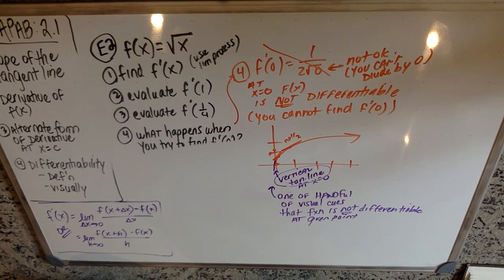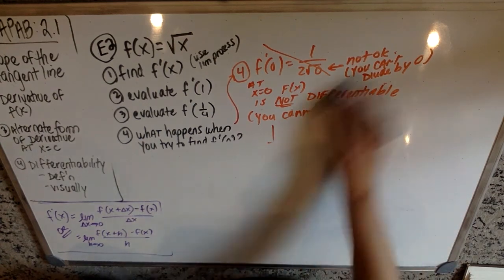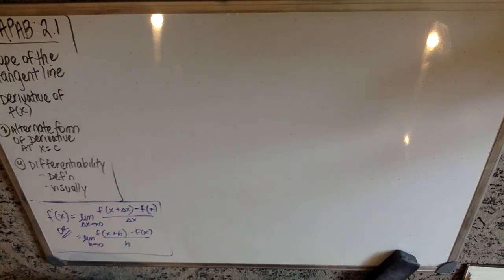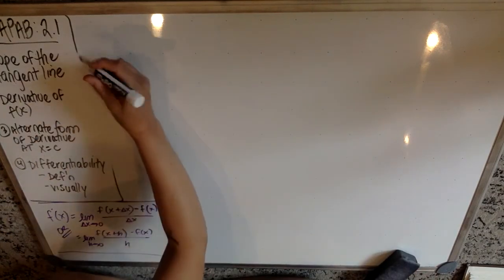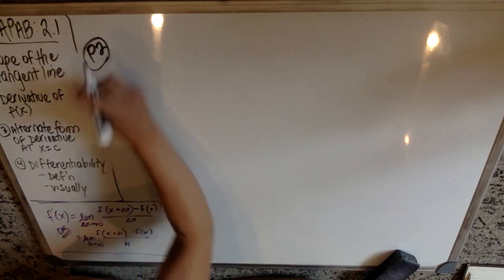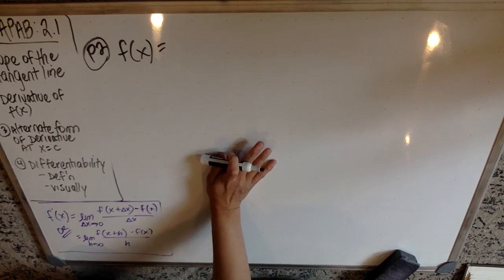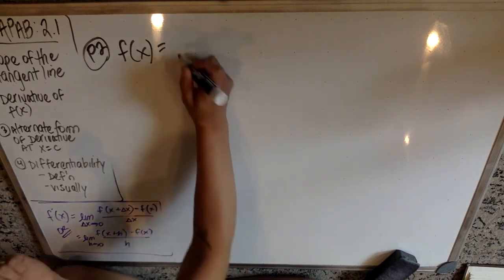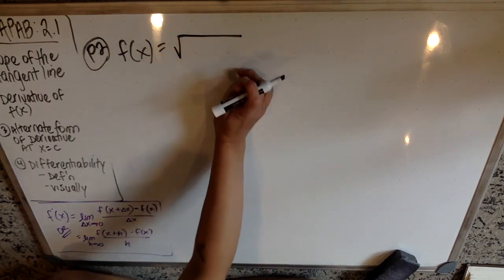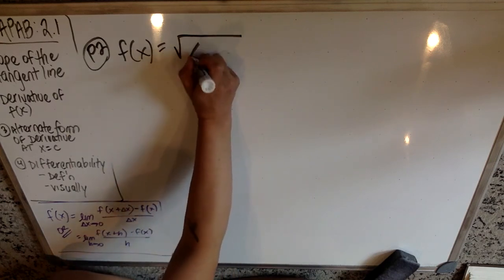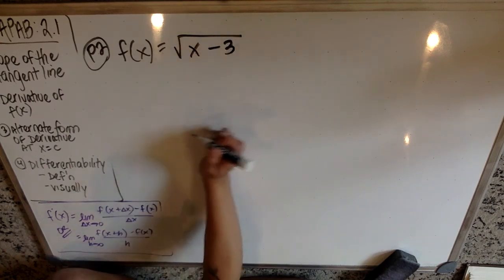All right, I'm going to give you a P2 that is similar. For P2, I won't make you do all the other steps, but I want you to take f of x to be the square root of x minus 3, all right?